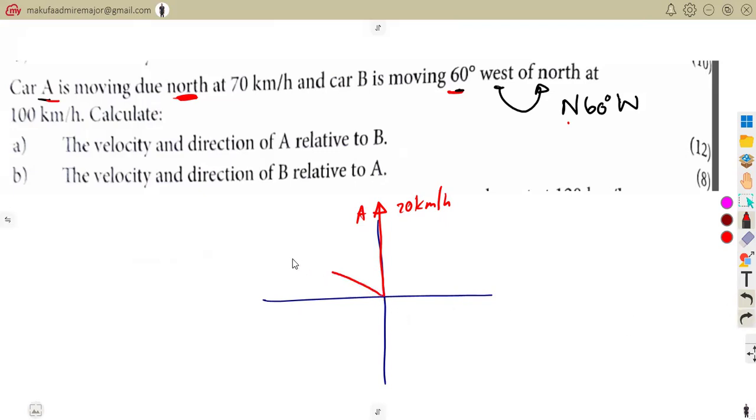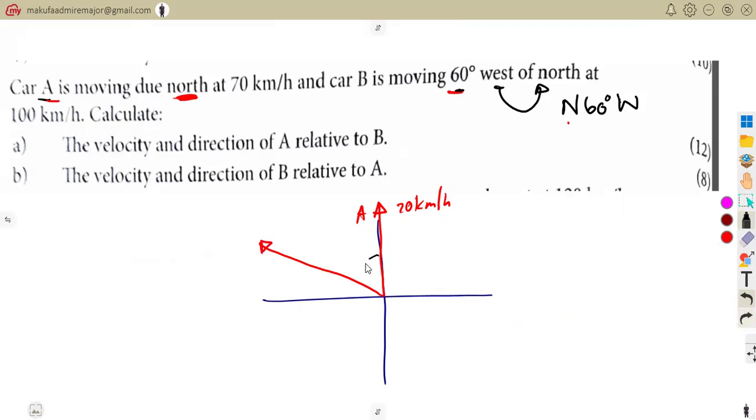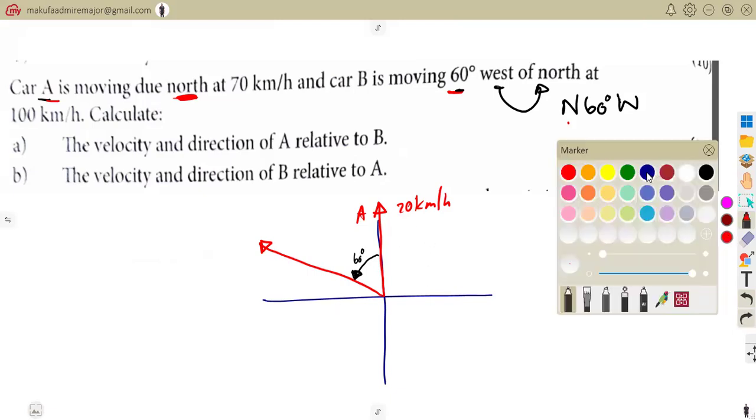We need 60 degrees from the north going to the west. So this is where our 60 degrees is, from north attempting to the west. I don't know if we are together on this part. Yes.